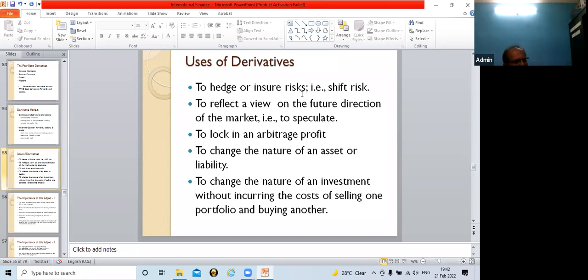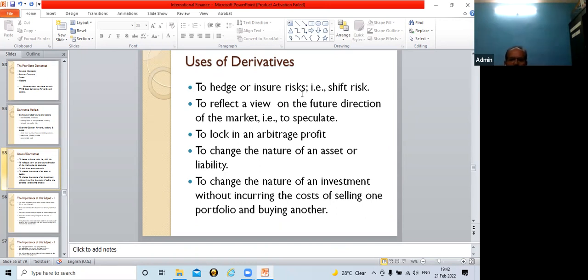For example, if you are using a vehicle on a rental basis, there are some companies who provide cars on a rental basis. The owner is different.